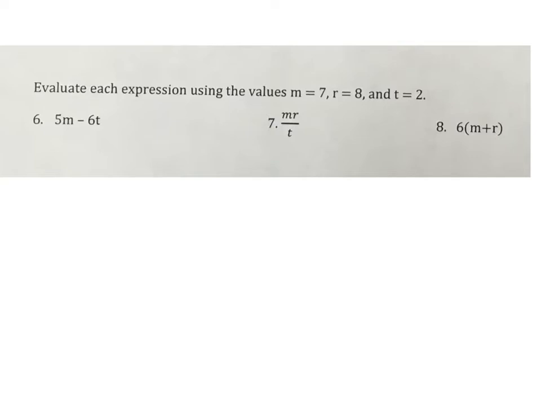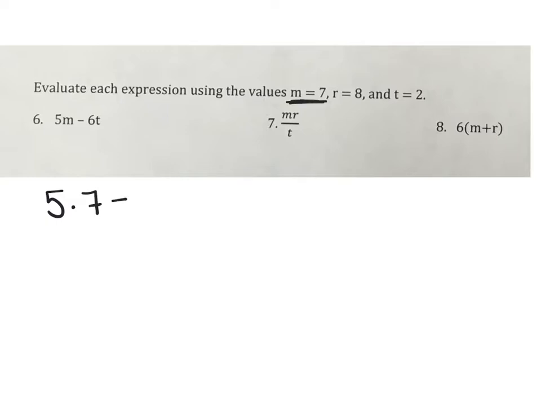In the second part, it says to evaluate the expression using the values m equals 7, r equals 8, and t equals 2. So we're using those 3 for all of the problems below. So the first one says 5m minus 6t. So I'm going to replace the m with the 7, so 5 times 7. And if you're wondering where the 7 came from, right there, m equals 7.